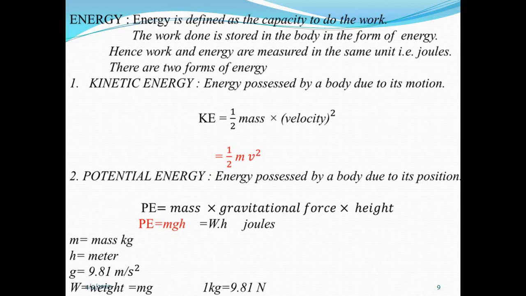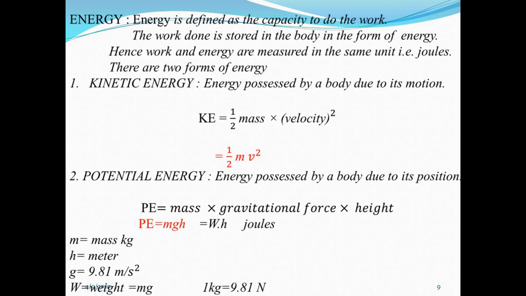Energy. Energy is defined as the capacity to do the work. The work done is stored in the body in the form of energy. Hence work and energy are measured in the same unit, that is joules. So in mechanical system there are two forms of energy. One is known as kinetic energy, the energy which is possessed by a body due to its motion.